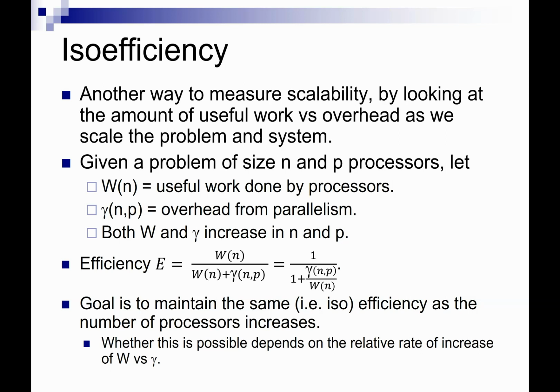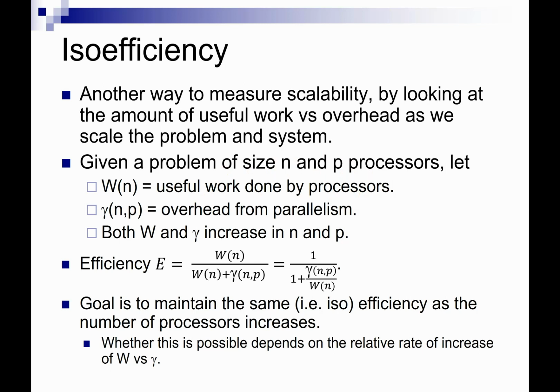So the way we're going to do this is that suppose you have a problem of size n, this is the problem size, and suppose you're using p processors. Now let's let W(n) be the amount of useful work that's being done by the processors. This is all the work that does not include the overhead.